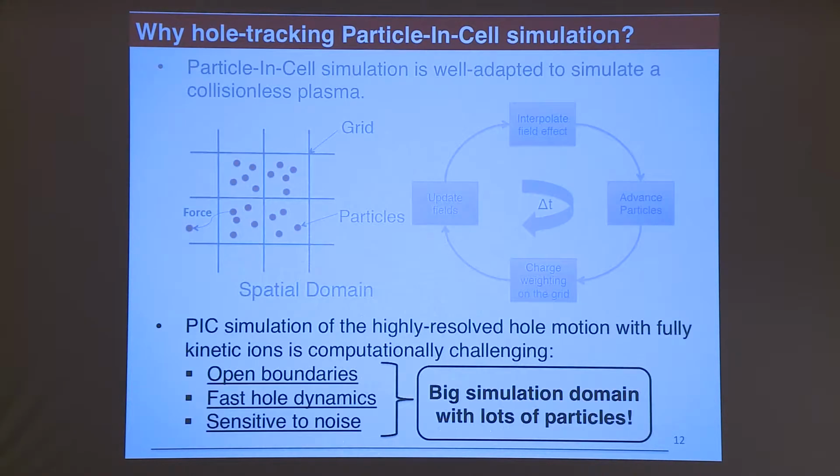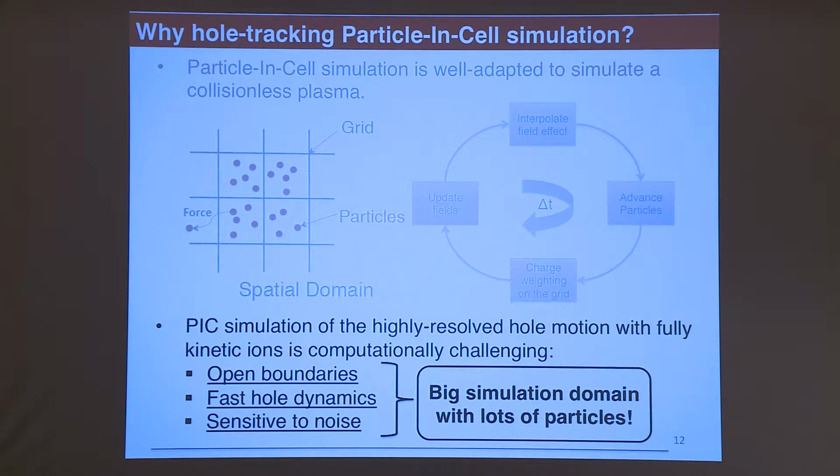And the challenges associated with doing a PIC simulation for these electron holes are the following. First, you need open boundaries to simulate these things, because you don't want the electron holes to be interacting with themselves. And the holes are moving quite fast, as I said. So it's a very localized and fast-moving object in a simulation domain.